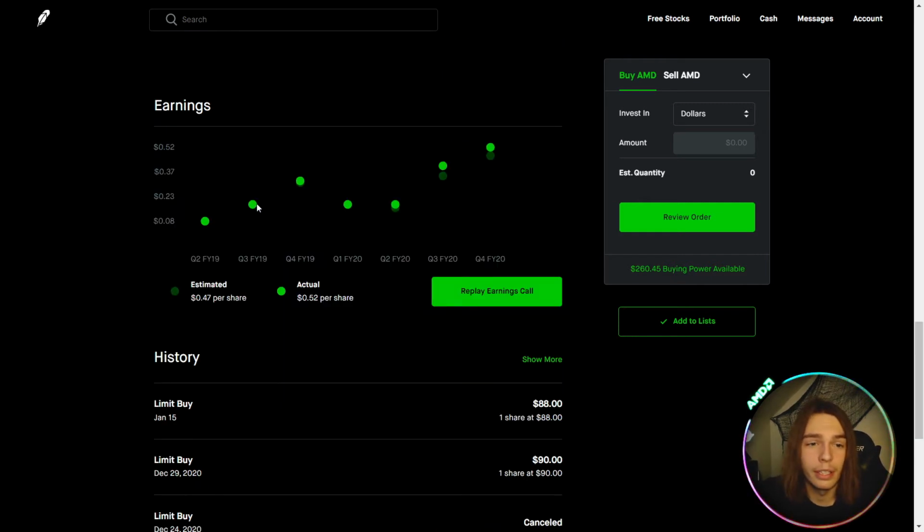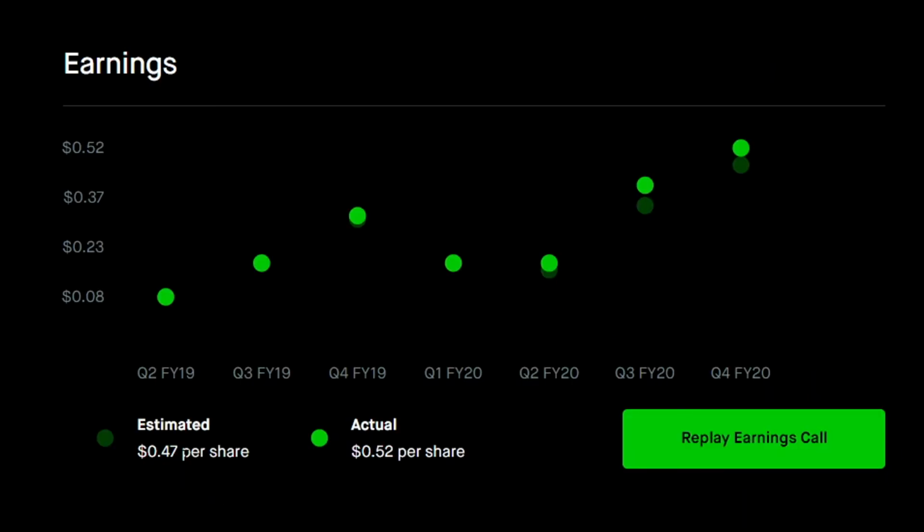All right, so now we're here at earnings, and the earnings are pretty much what the company is earning quarterly based on each stock. So this is the earnings per share, and this is what they estimated it to be. They estimated 47 cents per share, and what they actually got was 52 cents per share, and that was in the most recent one.